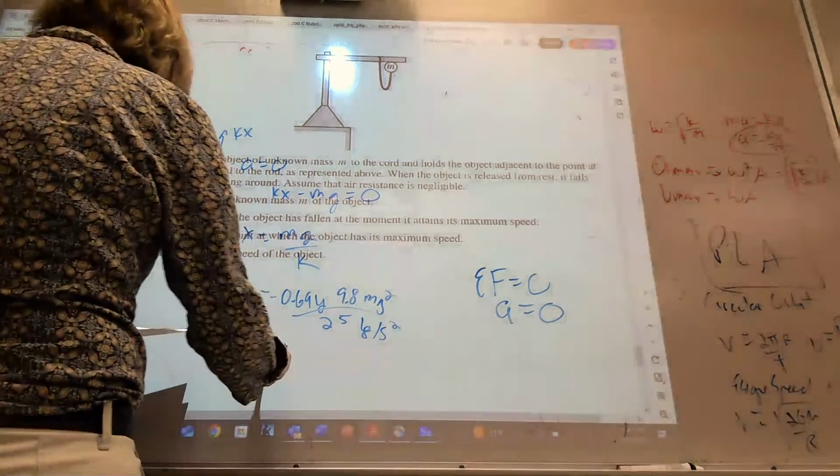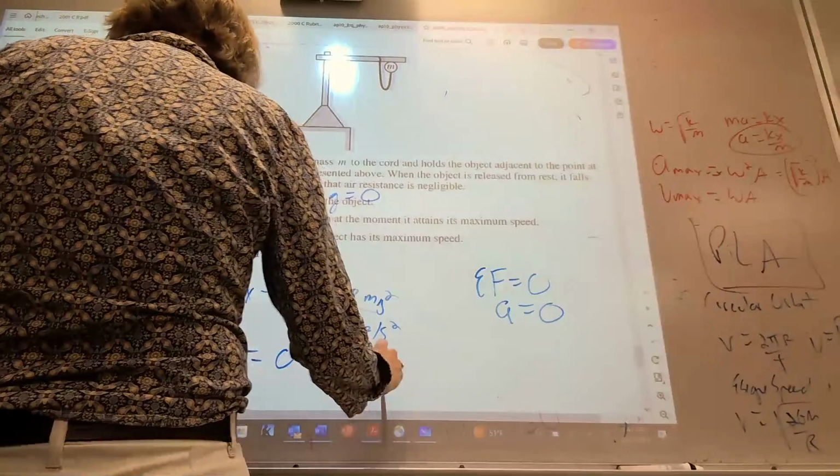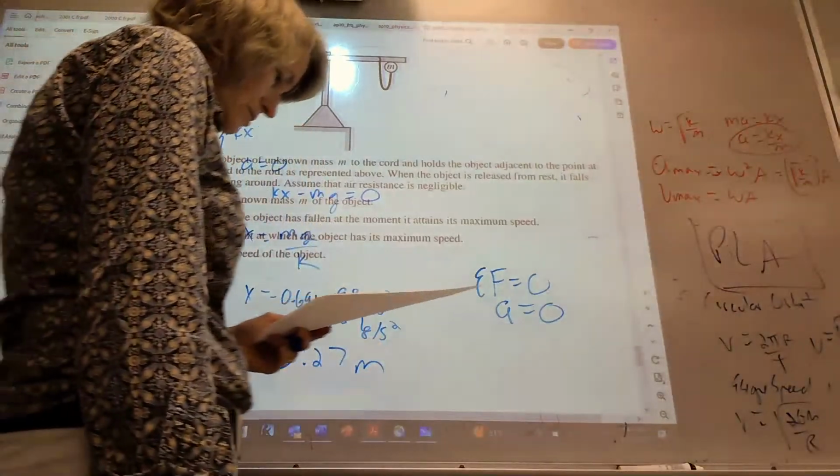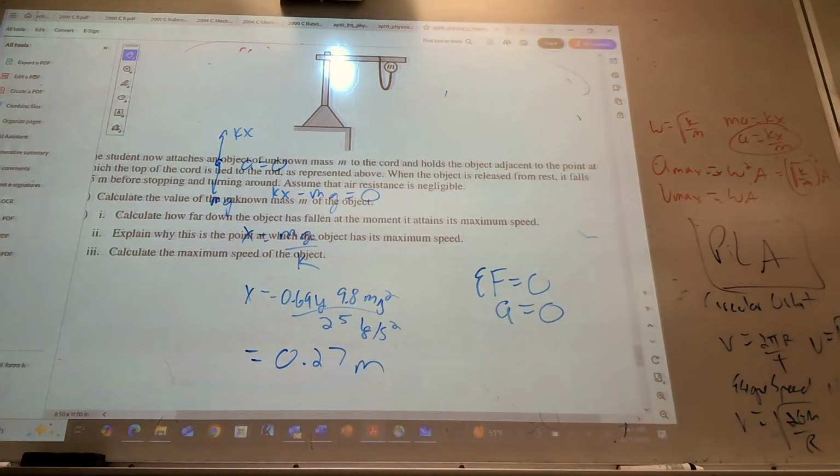I got 0.29. Good. Should be approximately 0.27 meters. And show me if you have your final answer.